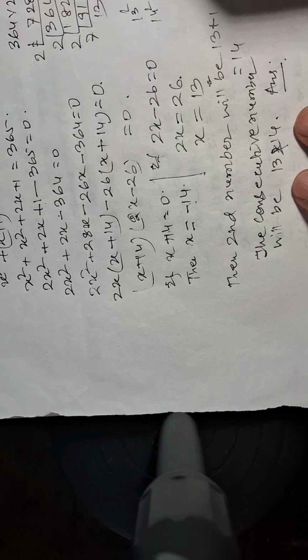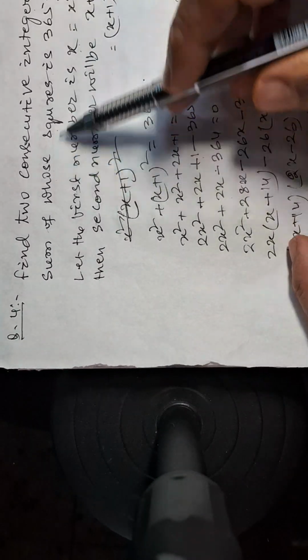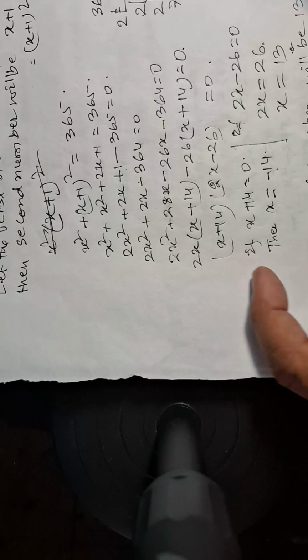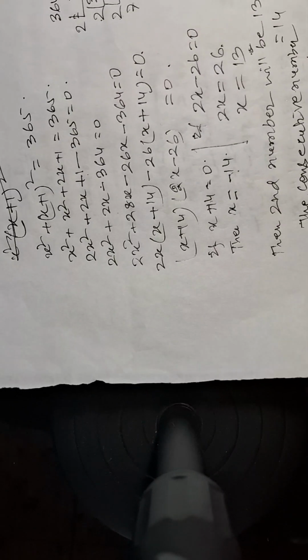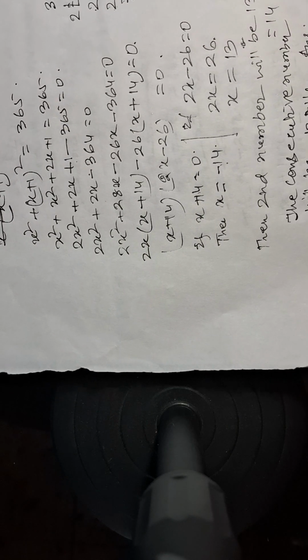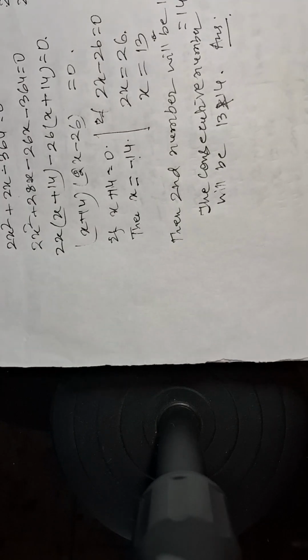You will add them: 169 plus 196 is 365, which satisfies the result whose sum of squares is 365. So this satisfies the final result.